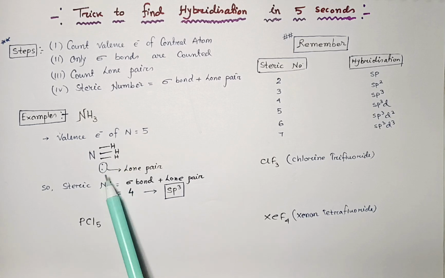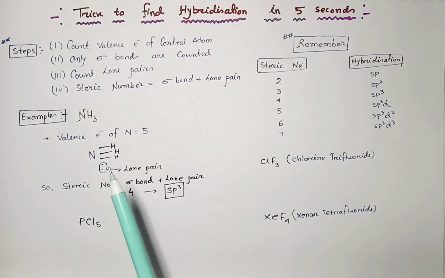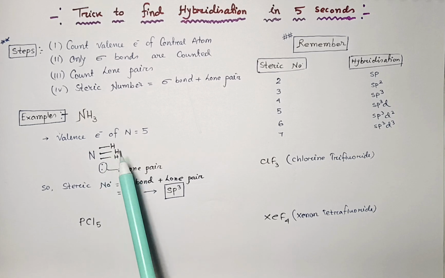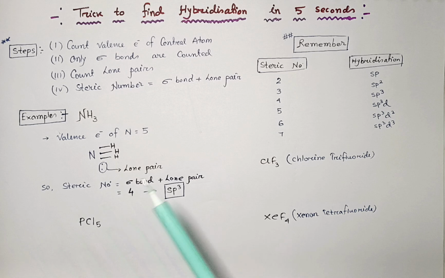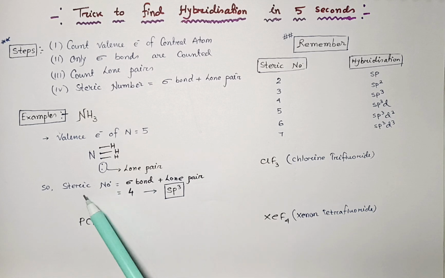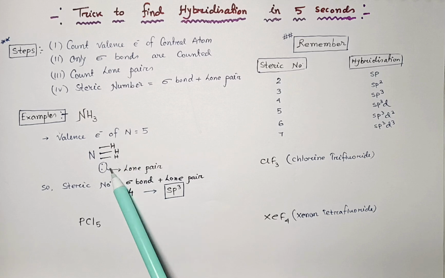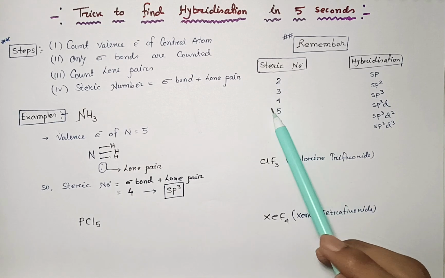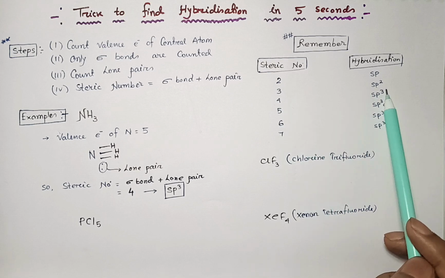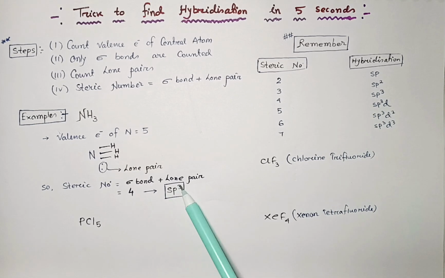Since there are 2 unpaired electrons, these 2 electrons constitute a lone pair. So there are 3 sigma bonds and 1 lone pair. The steric number is the summation of sigma bonds and lone pairs. You already know that. Since there are 3 sigma bonds and 1 lone pair, the steric number is 4. And for the steric number 4 we have the hybridization sp3. So sp3 is the hybridization.